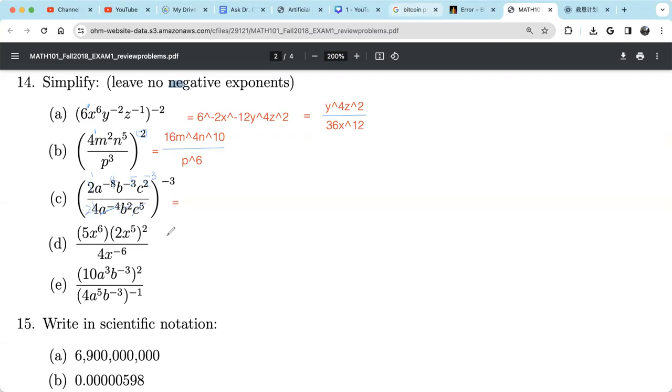All right. So we only have 2 in the denominator. In the numerator, we have a raised by -4, and b raised by -5, and c raised by -3. In the denominator, we just have 2.